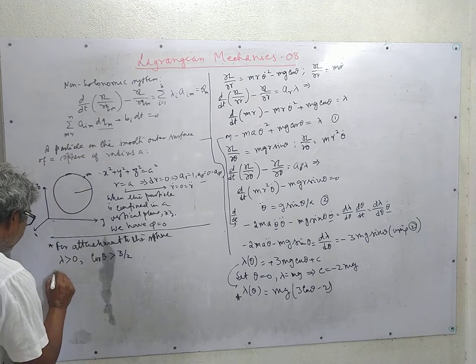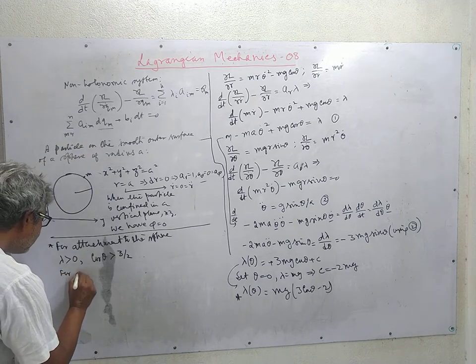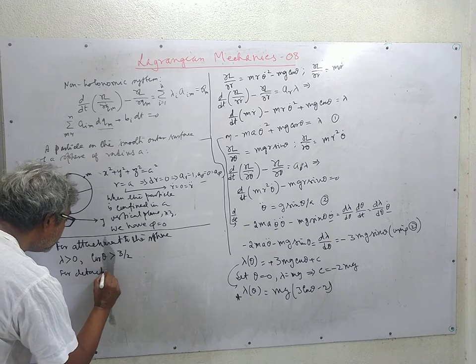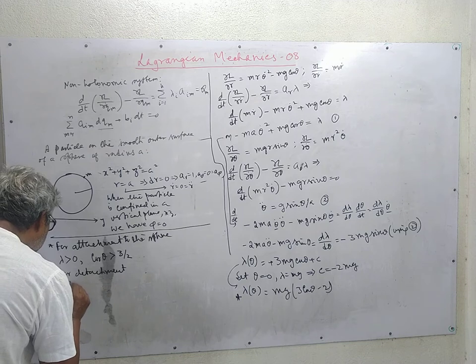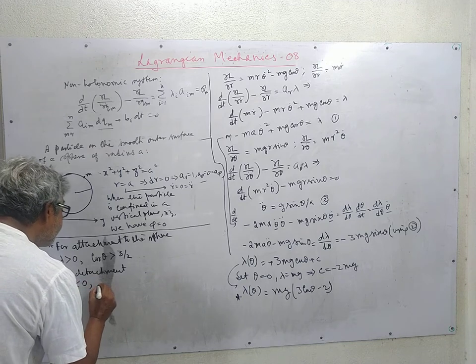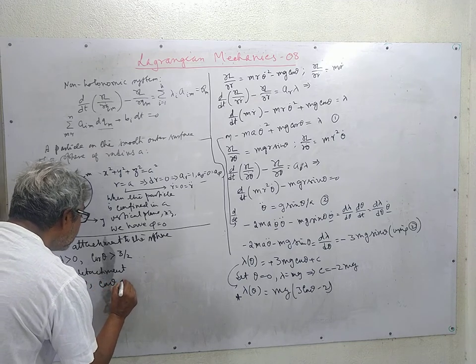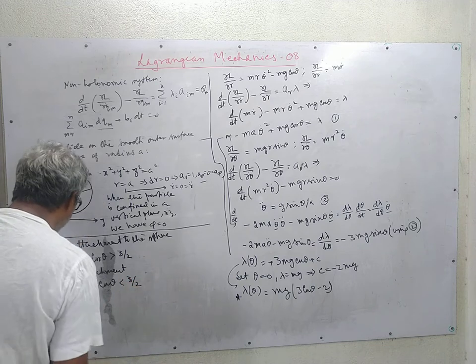For detachment, λ is negative and cos θ must be less than 2 by 3.